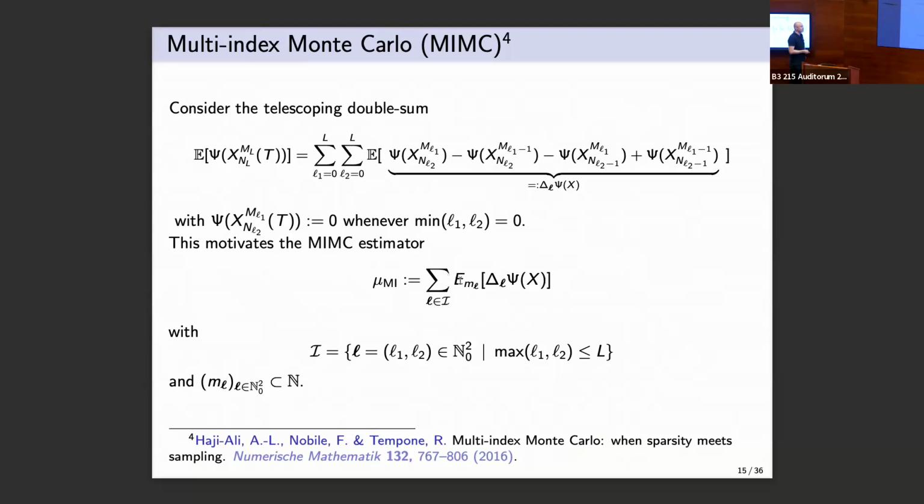So my multi-index Monte Carlo method is a sum over two indices of sample averages of this delta L psi x. And my index set could, for instance, be a square box. This is what I have written here. This is just all the indices L1, L2 between capital L and 0.